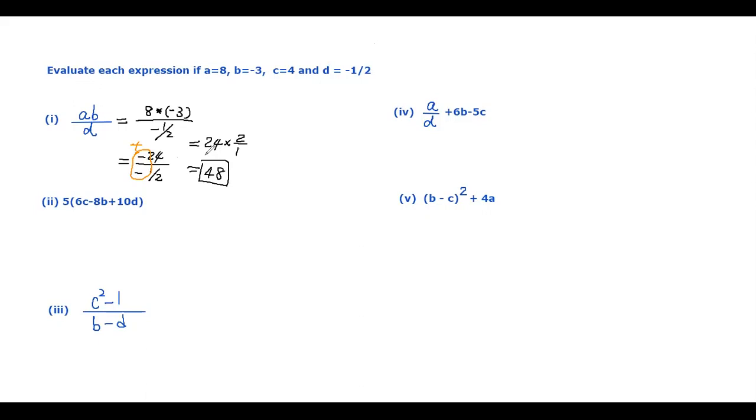All right, okay. Now let's take a look at the next one. You just need to be very careful when you write it. So this one is the 5 times, in parentheses, 6c, so 6 times c, where c is 4, minus a times b, where b is negative 3, then plus 10 times d, where d is negative 1/2.